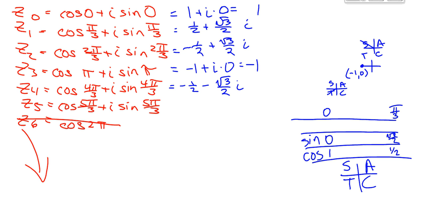And then the last one, for the cosine of 5 pi over 3, we're in this quadrant. All students take calculus. Cosine is going to be positive, and sine is going to be negative. And so it'll be 1/2 minus the square root of 3 over 2I.